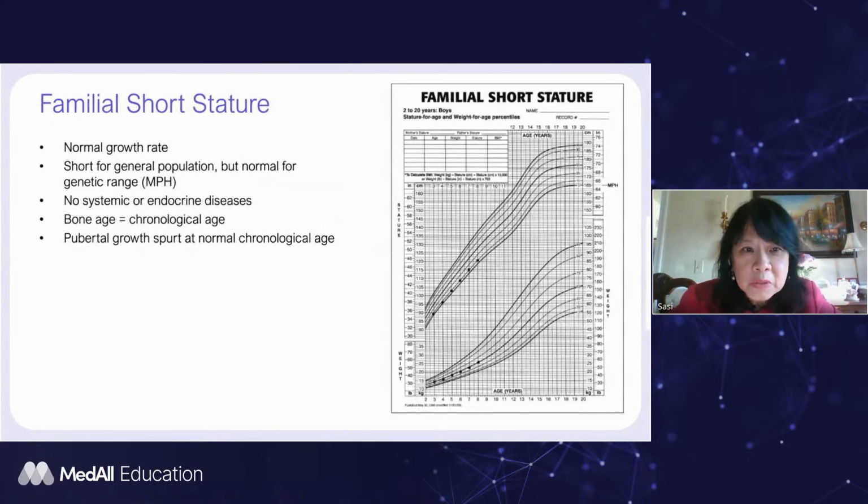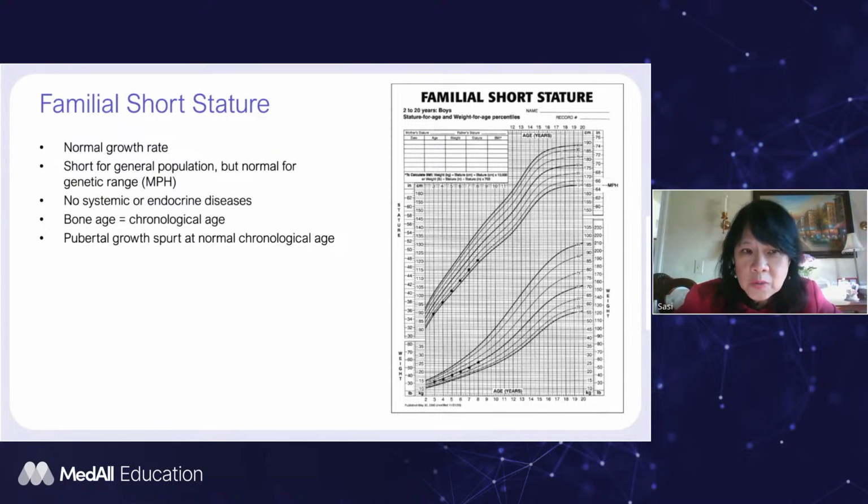So for familial short stature, the key is that the growth rate is always normal. If we look at the growth records, height is tracking along the same growth percentile and is consistent with the mid-parental height. So we know this is familial short stature if we have very good growth records like this.